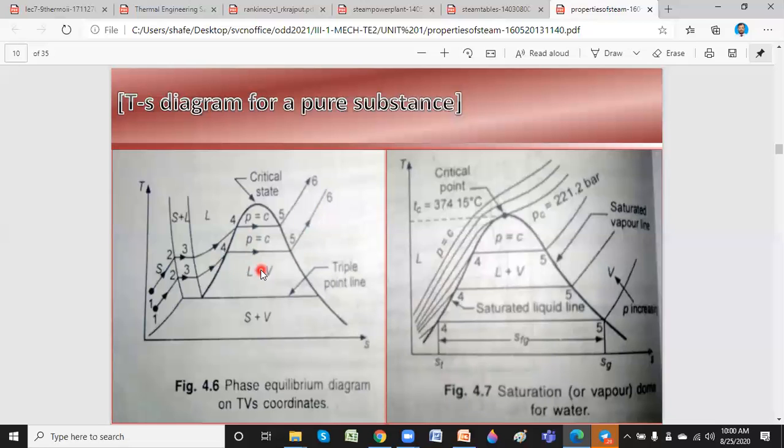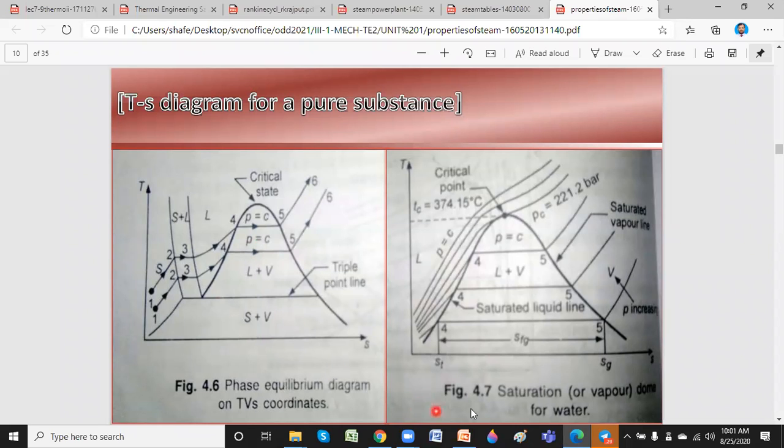And what about in between? It is liquid plus vapor, and P equal to constant means pressure is constant. That's why you have the latent heat supply. So latent heat is the heat supplied at constant pressure. Able to understand? Yes.